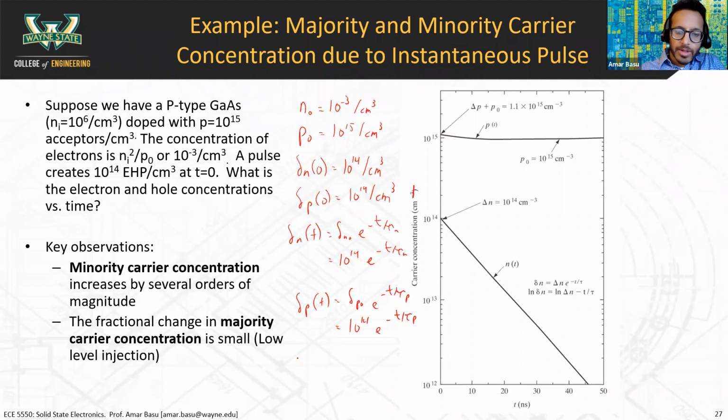And the last thing I want to just tell you is that the total electron concentration, N, is going to be a function of time. It's going to be the amount before irradiation, N sub 0, plus delta n of t. And then your hole concentration as a function of time is going to be equal to P sub 0 plus delta p of t.